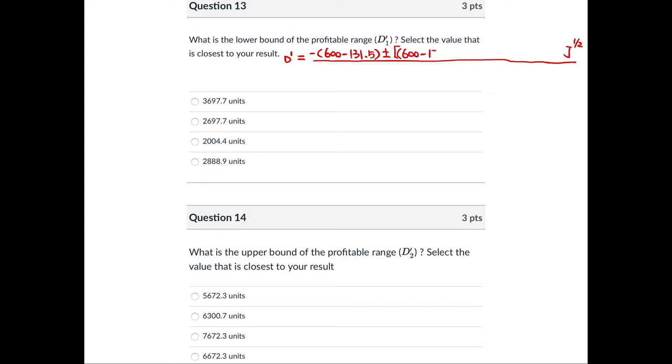It's first A minus CV to the power of 2 minus 4 times negative B times negative CF.